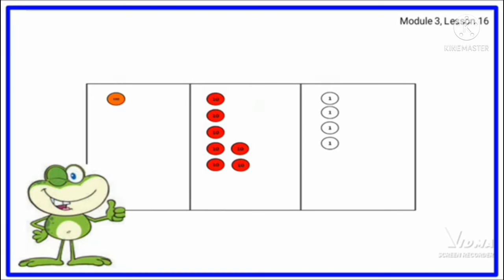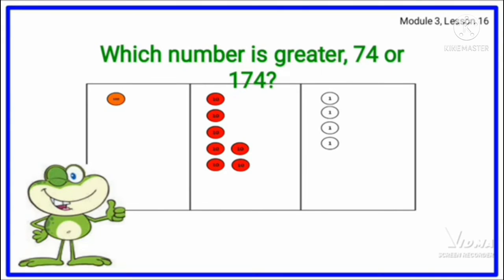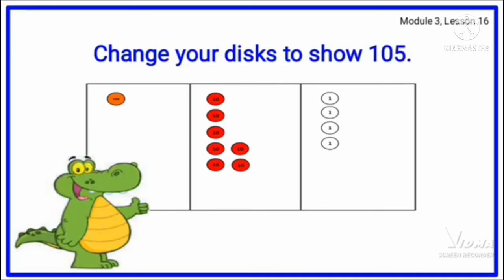That's correct. So which number is greater, 74 or 174? Which one will you say is greater? That is the one that is larger. 174 is correct.